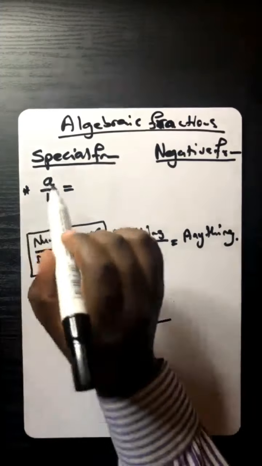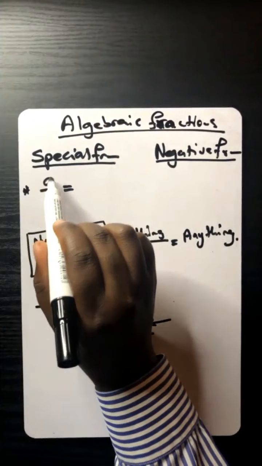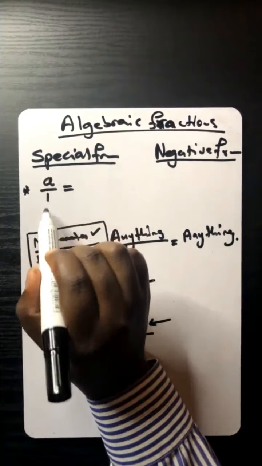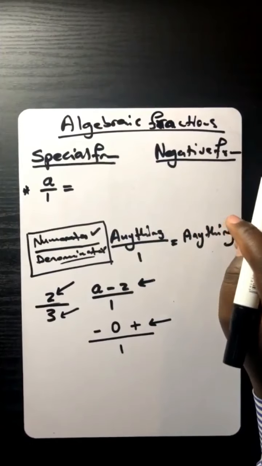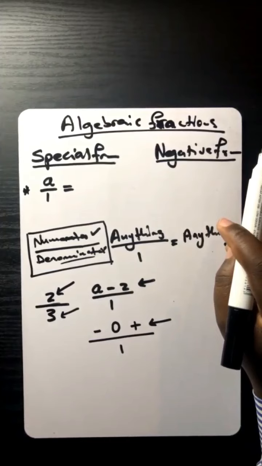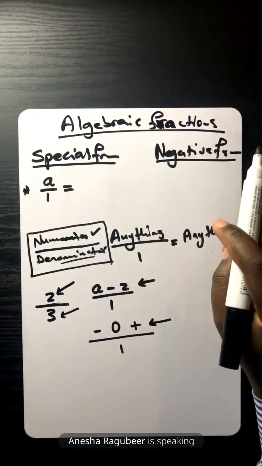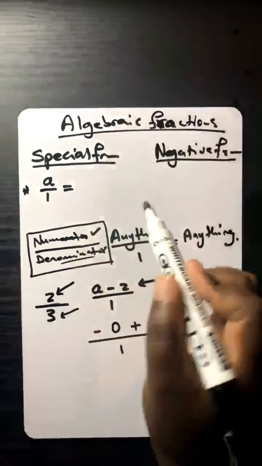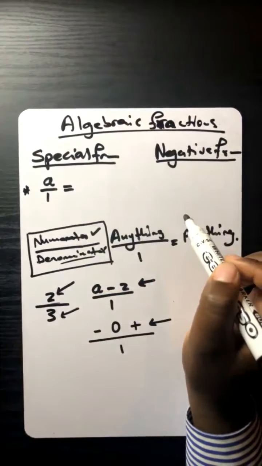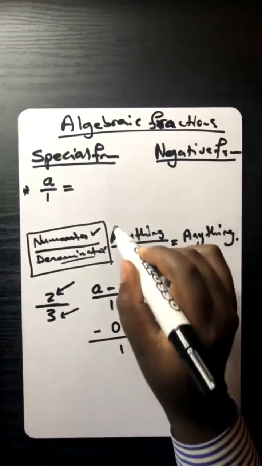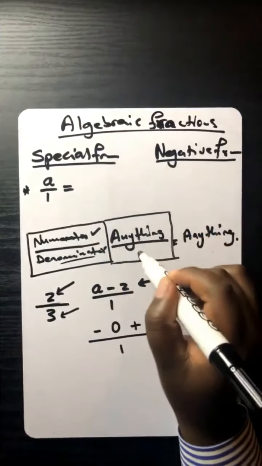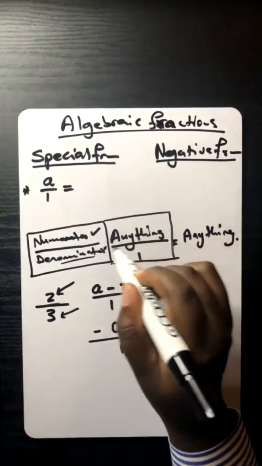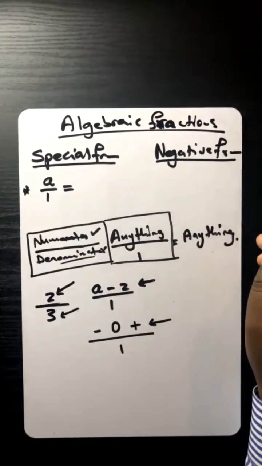So when we have A divided by 1, can you guess which one is the numerator and which one is the denominator? Numerator is A, denominator is 1. 100%. So, according to what I've written here, where I say anything divided by 1, what is the numerator and what is the denominator?